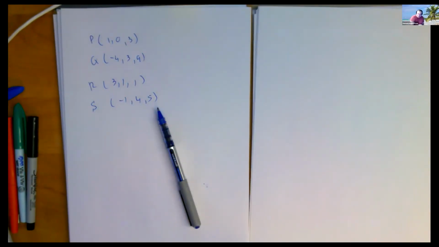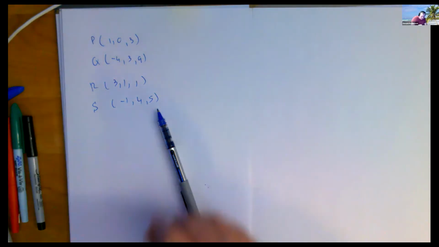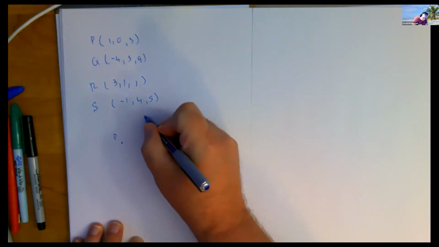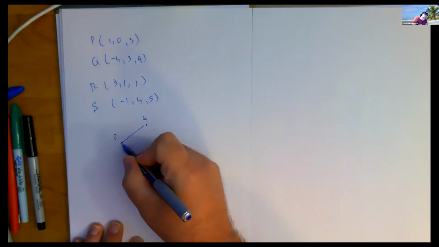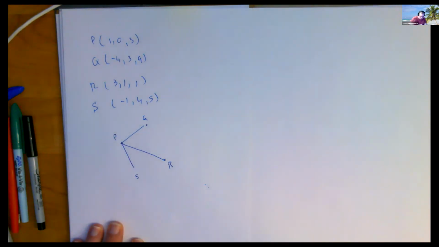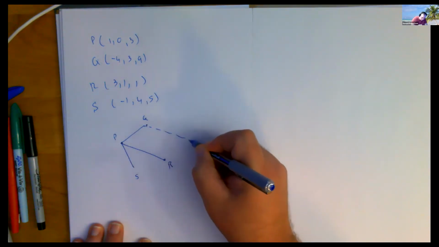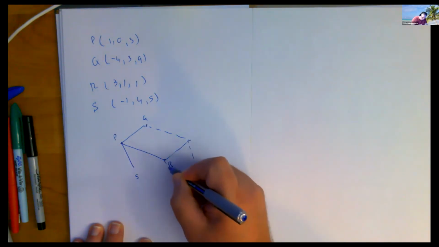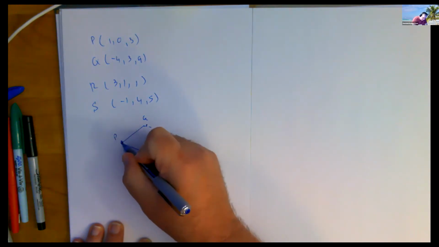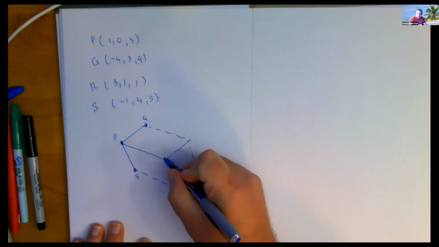And we're being asked to find the volume of the parallelepiped. I don't need the specific numbers that you're going to use, but has anybody got a thought process about this? There's P and Q. Let's suppose R is over here, and let's suppose S is down there. So essentially, we have been given these 4 points.